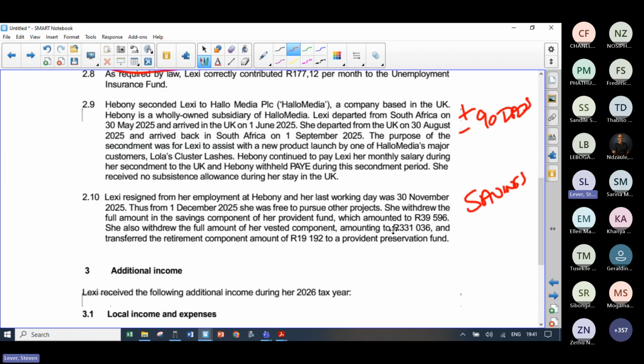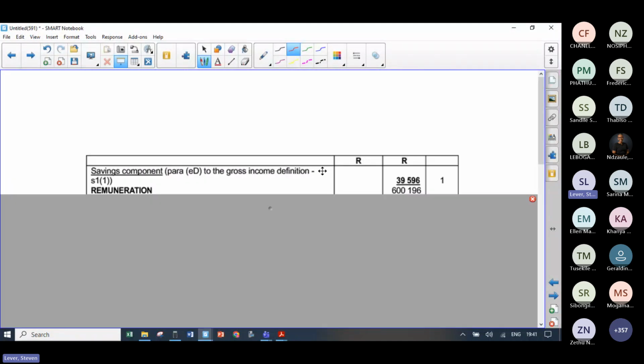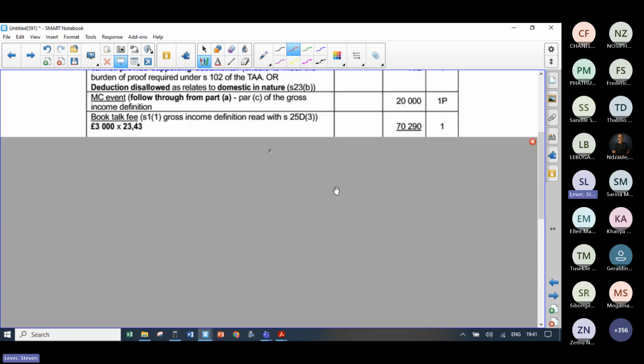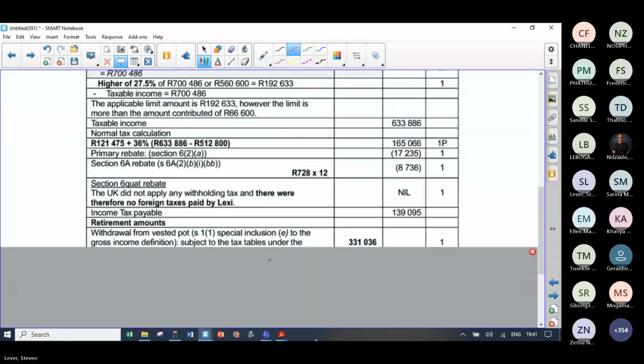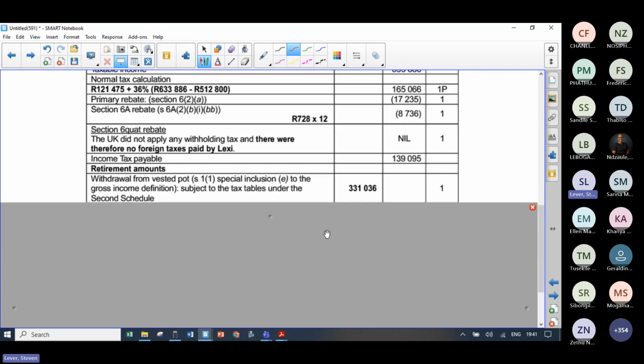In the question, can you see it says she also withdrew the full amount of her vested components amounting to 331036. Now, vested component goes into your lump sum calc. So guys, here's the other column. And there's your lump sum calculation, the 331036. And guys, remember, if you're taking something out of your vested amount, she is only 27, I think it was in the question.